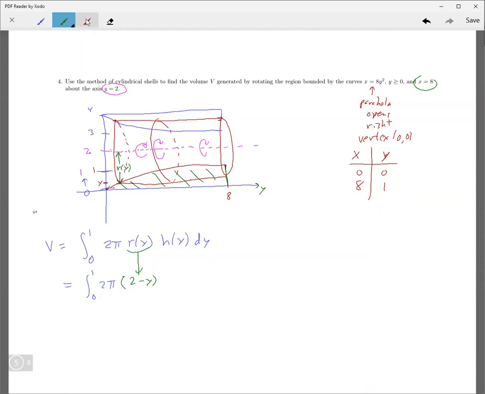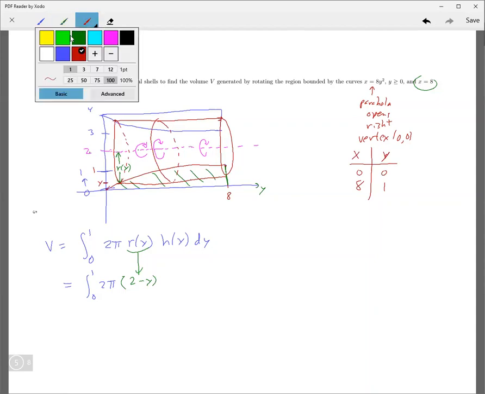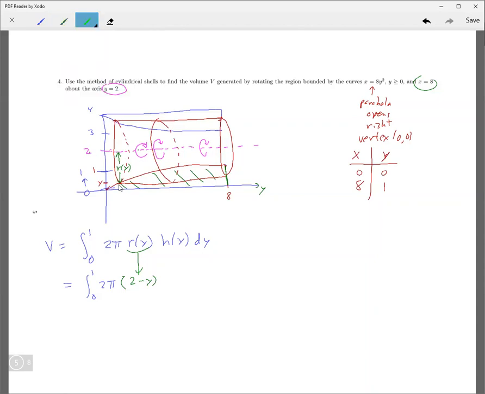Okay, likewise, for the h of x, we want to go from the left endpoint of this line segment to the right endpoint. And that will be our h of x. And then here again, you take the right endpoint, which is 8, minus the left endpoint.